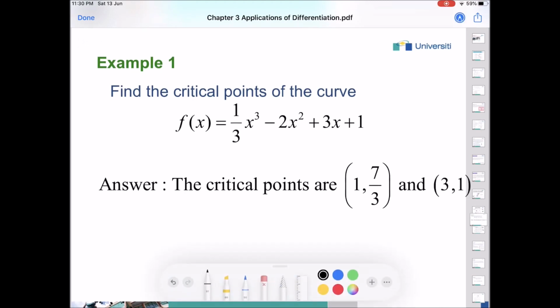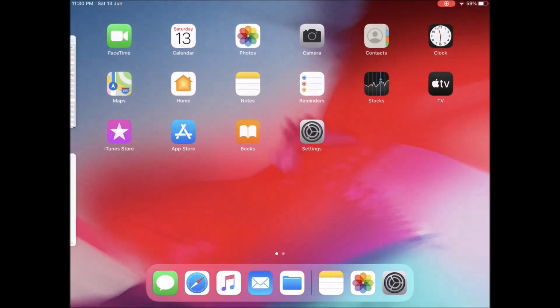So example 1, how to find the critical point. Find the critical points of the curve f(x) equals 1/3 x to the power of 3 minus 2x squared plus 3x plus 1. We have the answer here: (1, 7/3) and (3, 1). So let us do that to find the answer. To find the critical point, we have to differentiate our function, the first derivative.